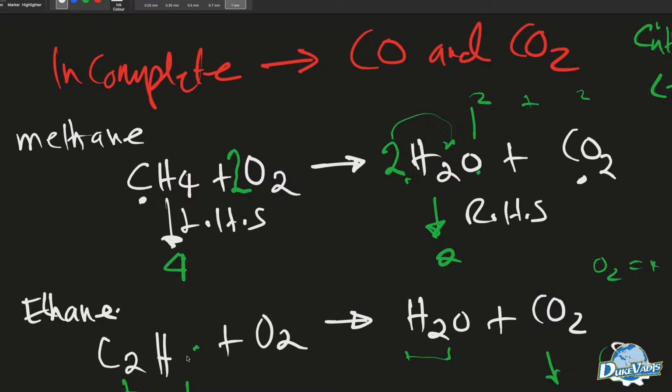That is ethane, C2H6. Now, let's look at it critically. If we look at it this way, then it means our hydrogen on the right-hand side will be 6.